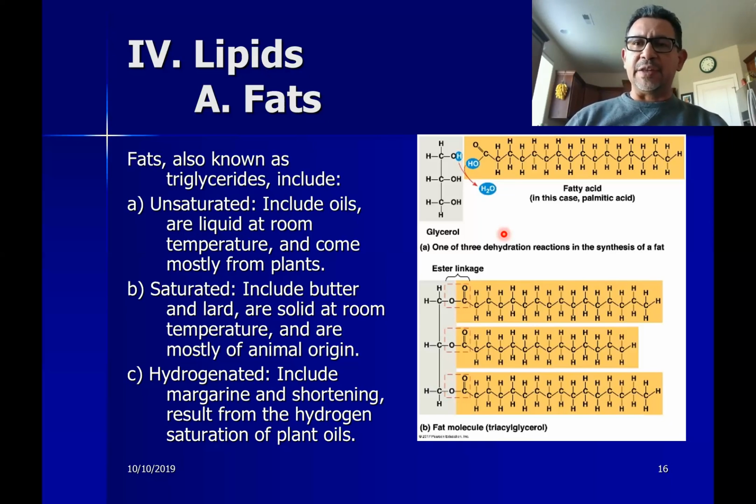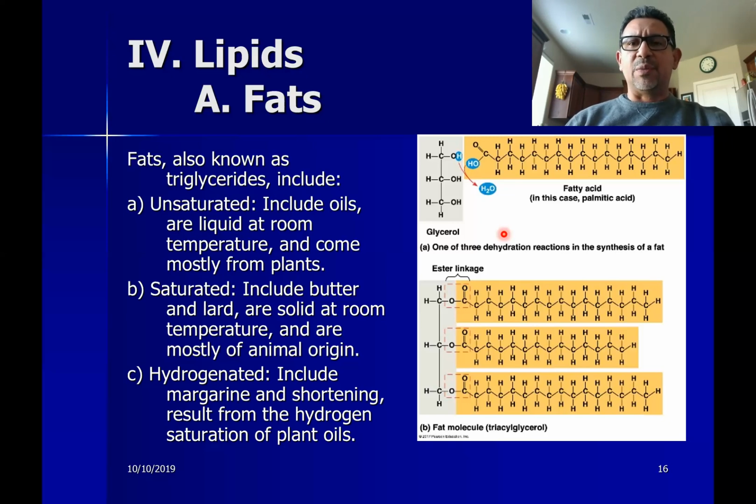For example, cookies, many kinds of baked goods. They last longer when they are cooked with hydrogenated fats rather than unsaturated ones. And with that also comes a set of complications, because these hydrogenated fats, as it turns out, have been linked to heart disease and to a number of other cardiovascular problems.